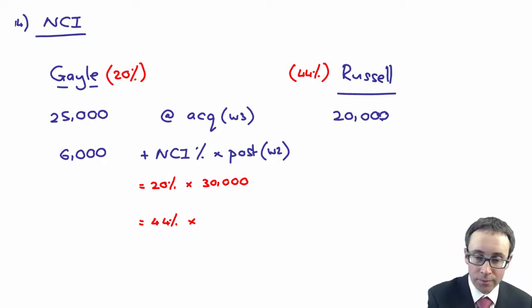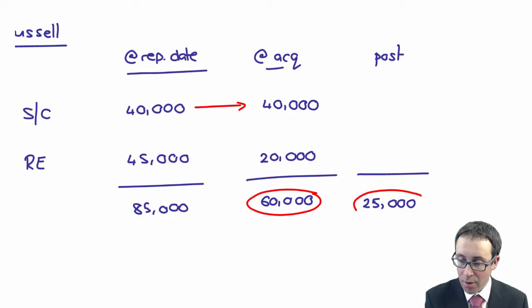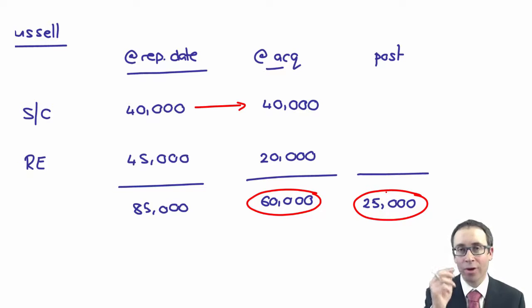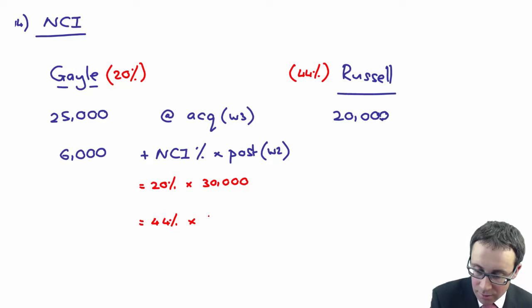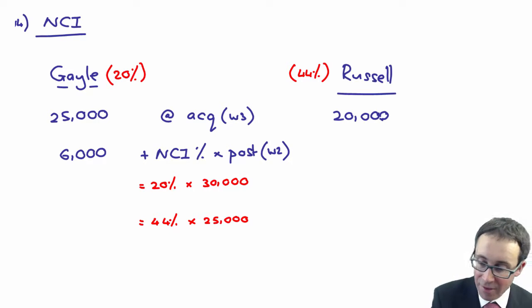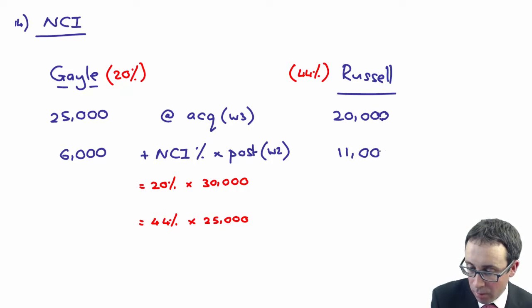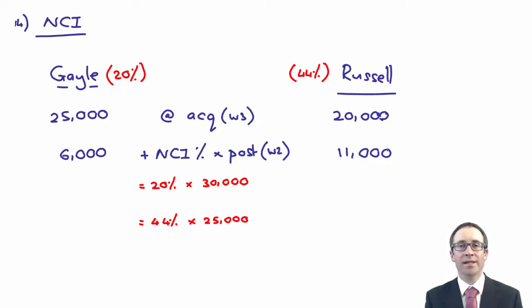And then for Russell, we've got Russell's net assets. Post-acquisition movement is there as 25. So we've got the 44% of 25,000, is that there as 11,000. That's easy, isn't it? Nothing difficult. You get a mark for each, or 4 marks within the exam. Okay, not so bad, is it?